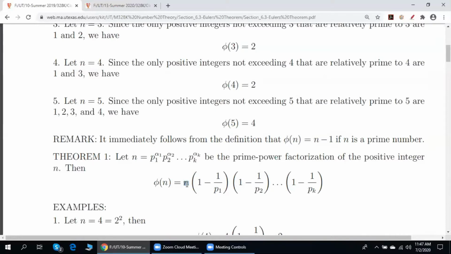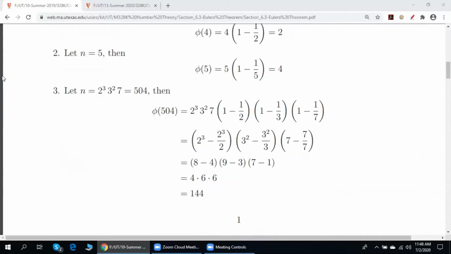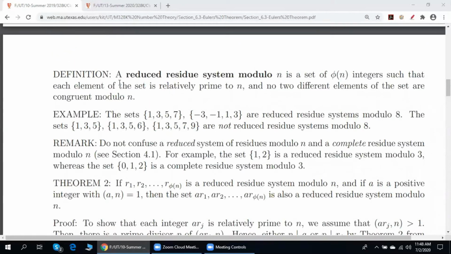So p1 times 1 minus 1 over p1 is p1 minus 1. And since p1 is equal to n, it is equal to n minus 1. Done.